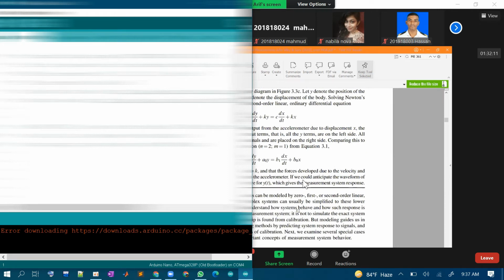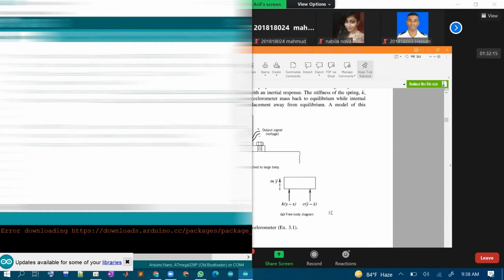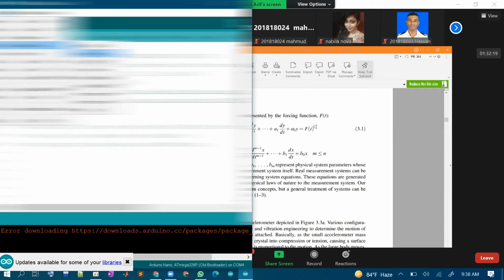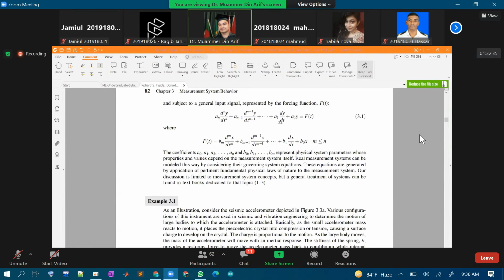Okay, and then what can we do? We can write a model of this using this equation right here. Ft will be the input. So আমার ক্ষেত্রে input is what? My input is X. Then if I want to make it like this equation, for each term I will have a dy dt and a constant.